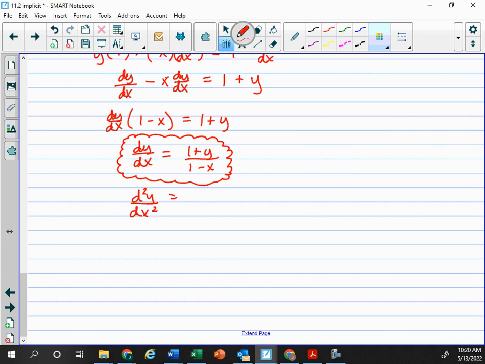Quotient rule. Yep. So the denominator, 1 minus x, times the derivative of the numerator. Well, what is the derivative of the numerator? Just dy dx, right? You guys see it? Okay. Minus numerator, 1 plus y, times the derivative of the denominator.